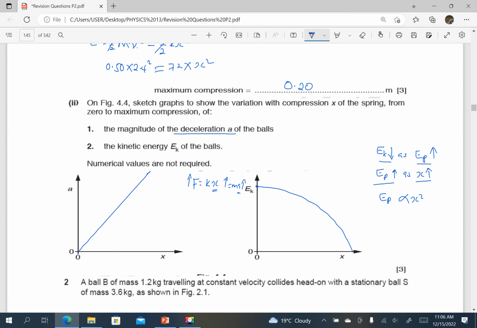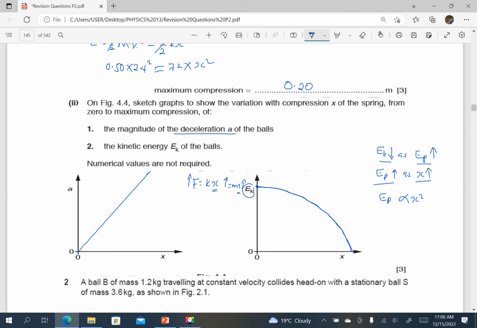Is it positive? The gradient is increasing because the line is becoming steeper. So the line is going to have a positive value because the initial kinetic energy was not zero.